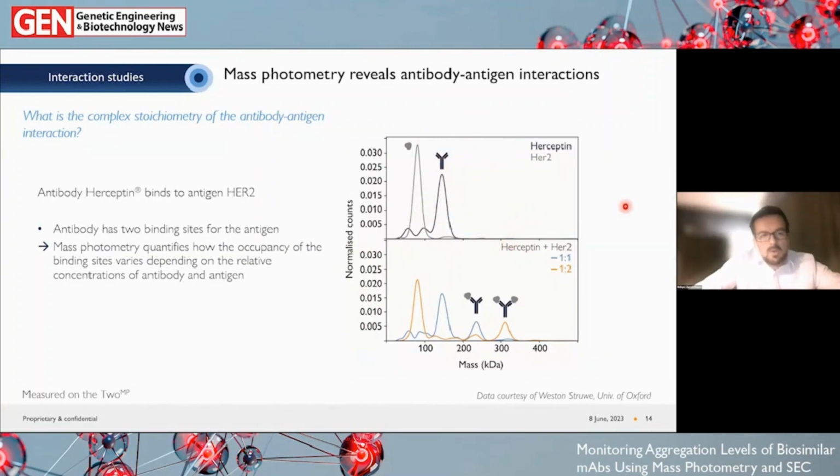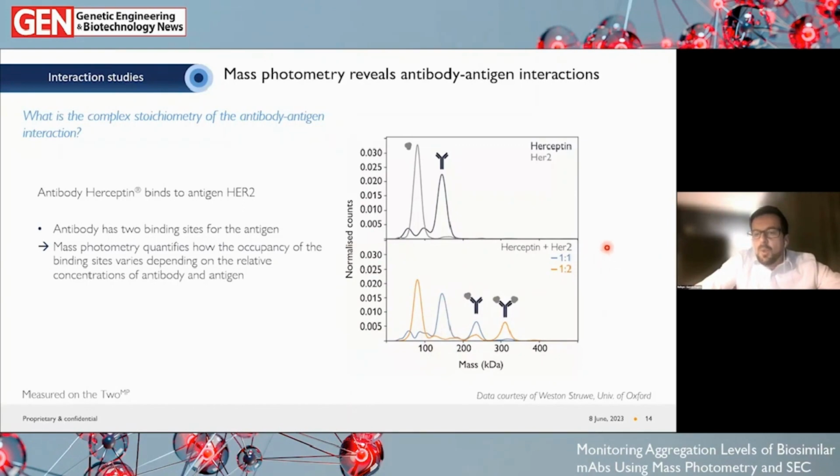Herceptin has 2 binding sites for the antigen, and if we look at the bottom panel, by manipulating the mixed ratios of Herceptin with its antigen, we can see different complexes forming. In an excess of antigen, we can see that the 2 binding sites are populated, and we only have a small proportion of antibody bound to a single antigen, and very little free antibody.